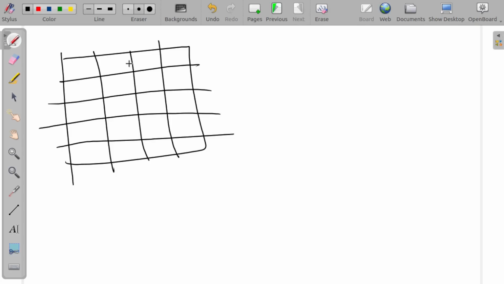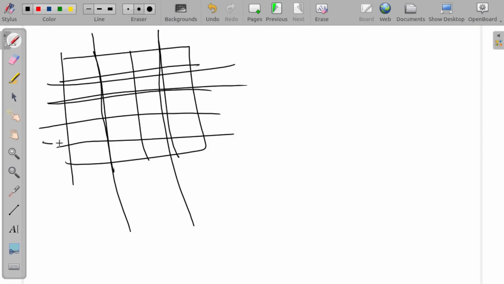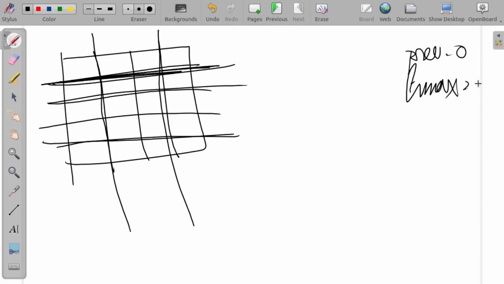So the vertical cuts are that one and that one. When I try this, my previous value is 0, and the height max is 0 and the V max also 0.